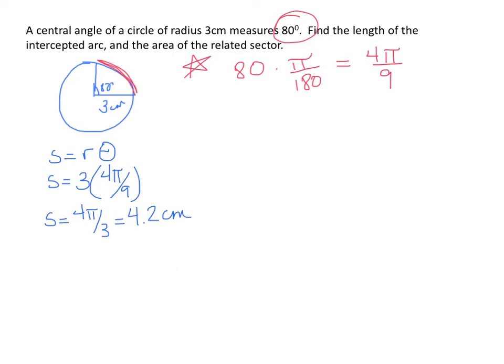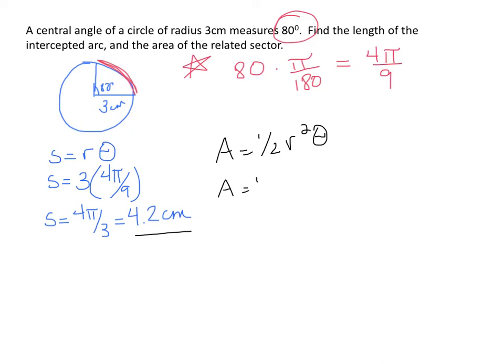For sector area, I will need the formula 1/2 r squared theta. Notice that I'm not using the arc length that I just calculated. I'm using information that was given to avoid any mistakes.